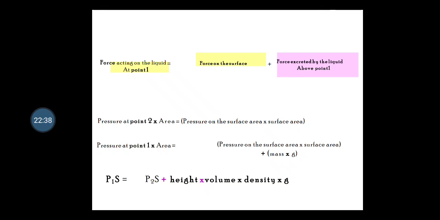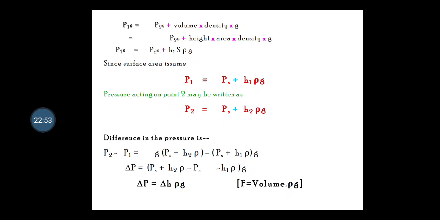You can say in short that it is volume into density into acceleration due to gravity. Then the equation becomes P1S is equal to P2S plus volume into density into g.